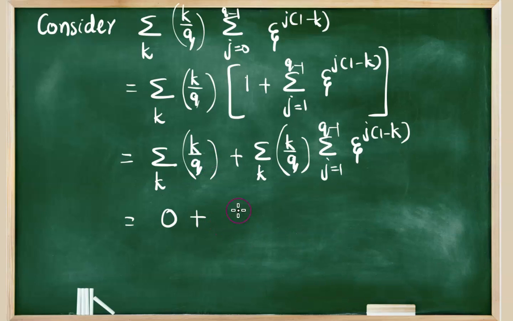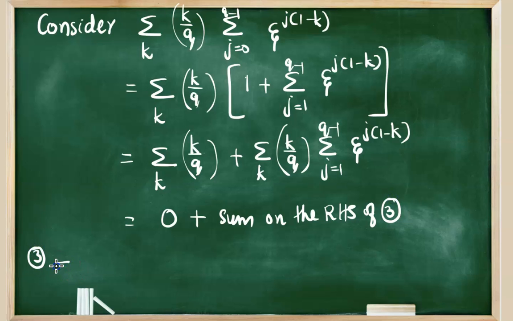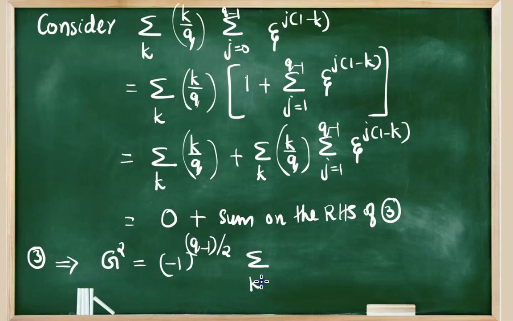Plus, the second sum is in fact the sum on the RHS of equation 3. Therefore, from equation 3, we can write g square is equal to minus 1 raised to q minus 1 by 2 into summation k varying from 1 to q minus 1, Legendre symbol k by q, into summation over j varying from 0 to q minus 1.